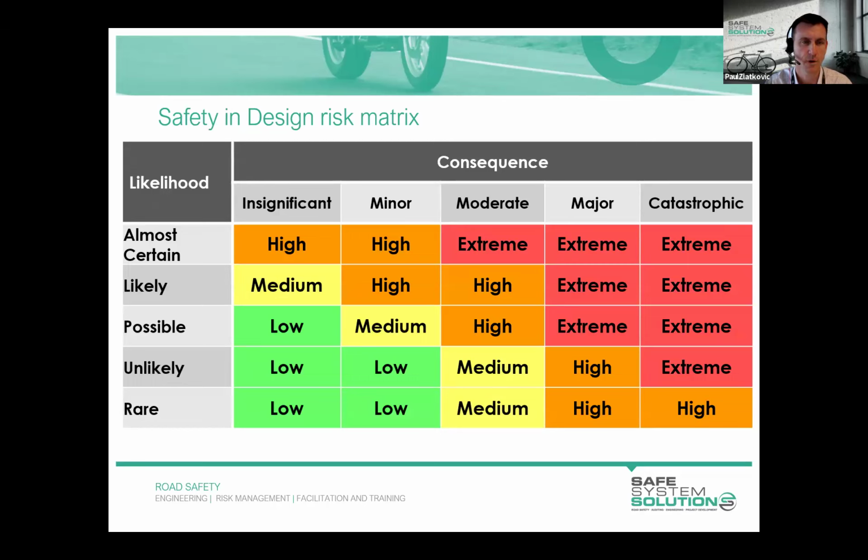For example, if we have a likelihood of almost certain, which was once a day to once a week, and a moderate consequence, something requiring medical treatment, then we would have an extreme risk rating. So it's fairly straightforward. I'm sure many of you on the call have used a risk matrix many times.